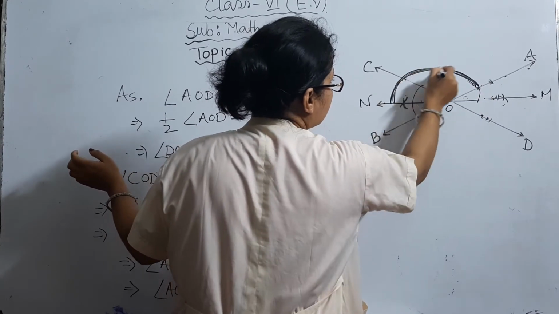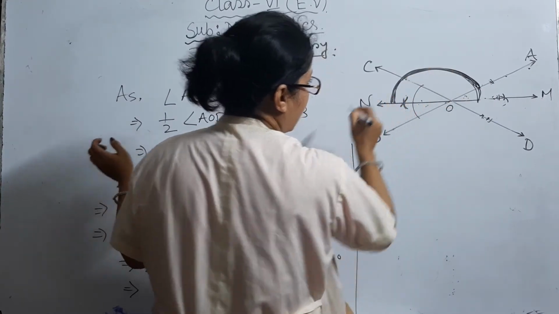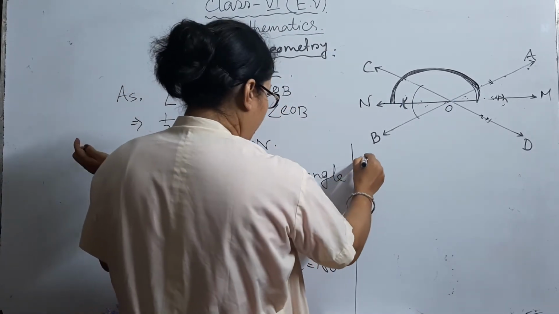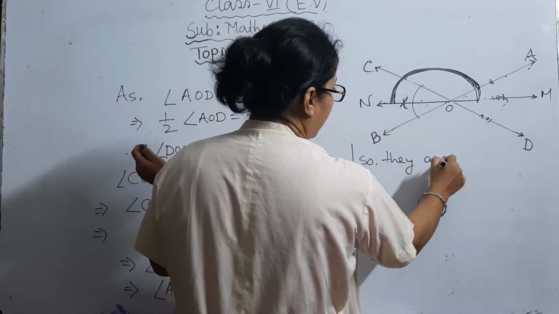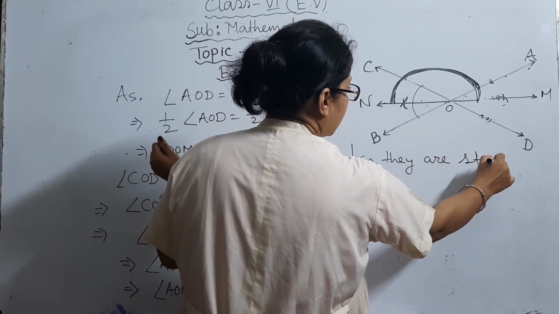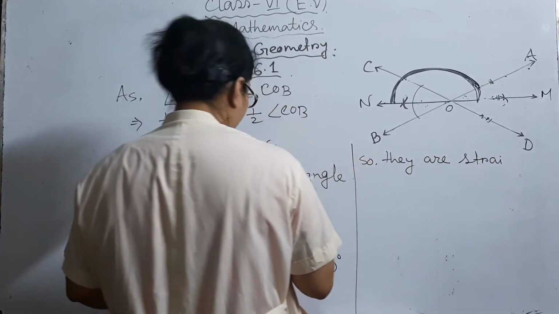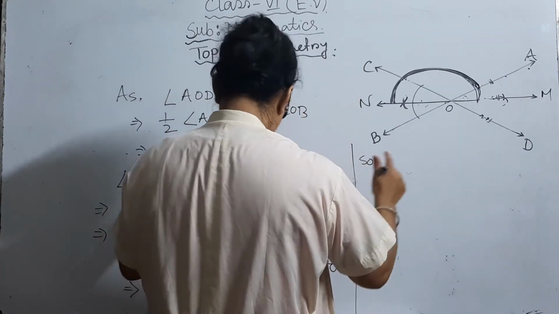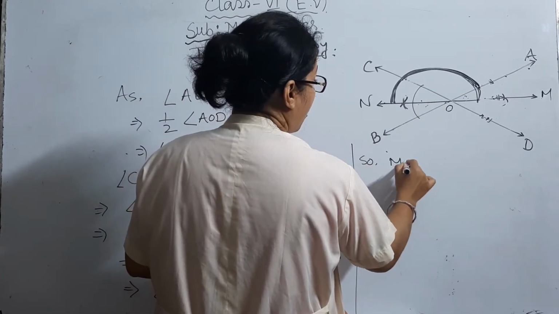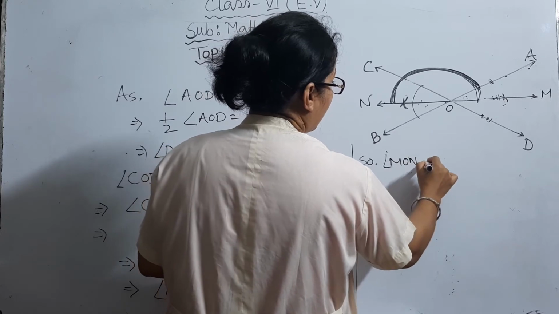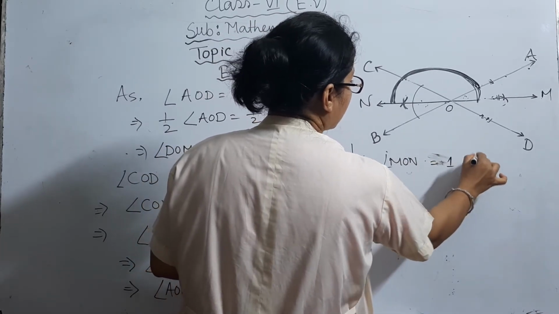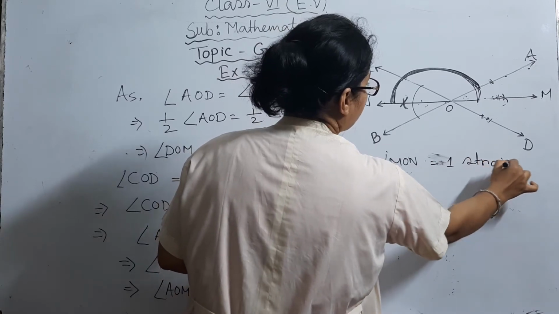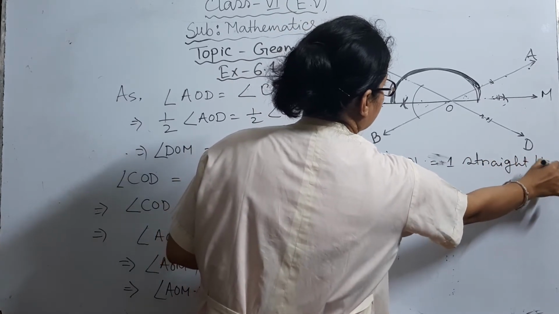Then dear students, AOM, these angles and these angles, that is total this angle. This is also one straight line, isn't it? So, they are straight, or we can write, so MON is equal to one straight line.